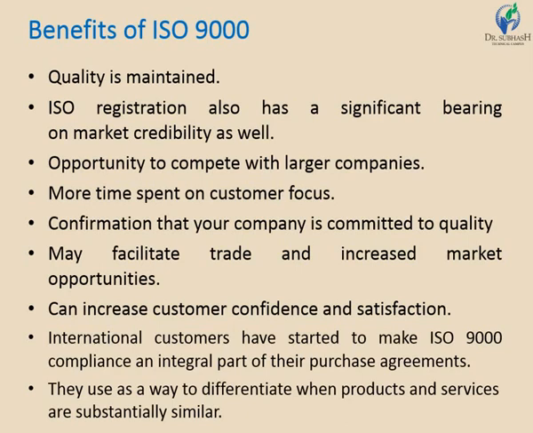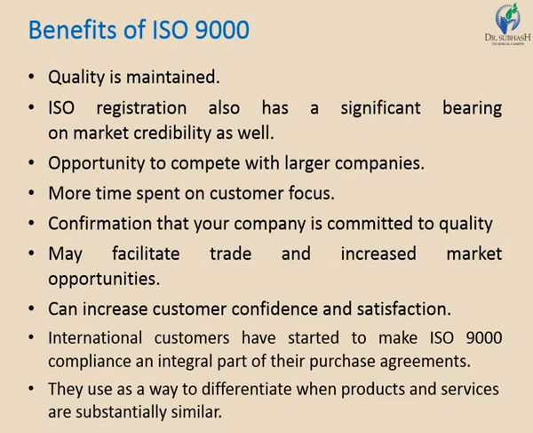They use ISO 9000 as a way to differentiate when products and services are substantially similar. Suppose a similar type of product is produced by A company and your company is B company, but your products are ISO registered.